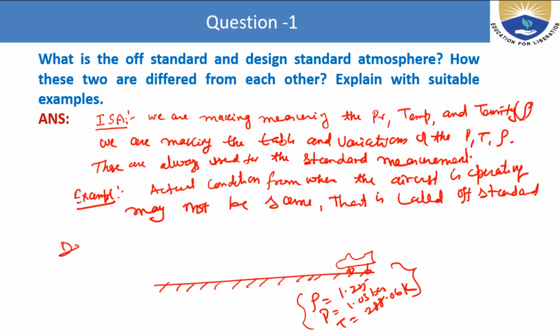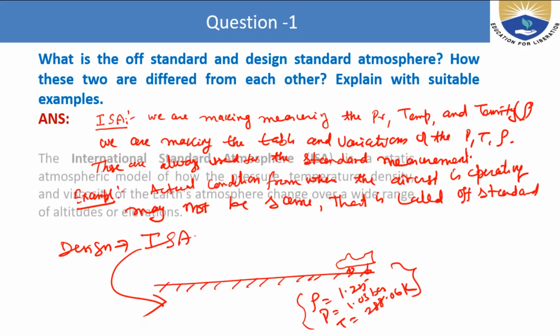ISA is the design standard, and if we deviate from the design standard, it is an off standard. In this way they are differing, and I gave the example also. So in this way question number 1 is done here.